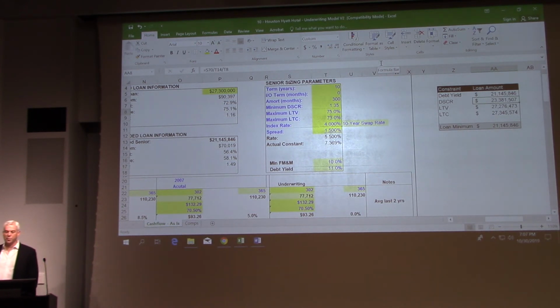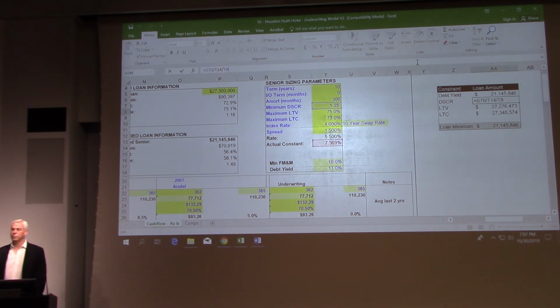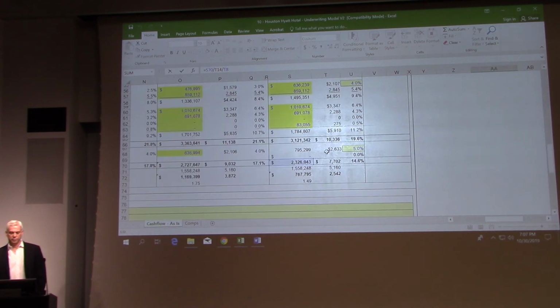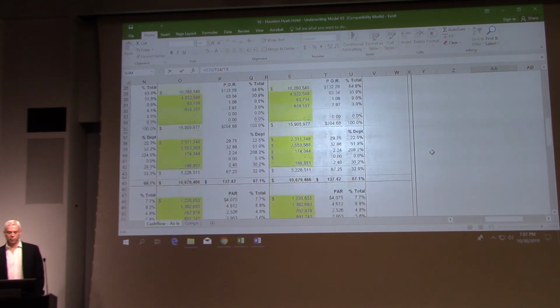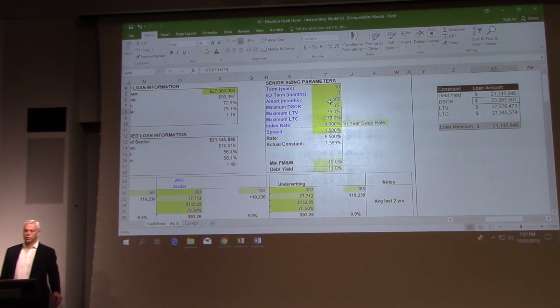Our minimum for full service hotels, which you're going to plug into the model, is 1.35. The calculation takes that same cash flow, 2.326 million, divides it by the loan constant, and then divides it by the DSCR. And it comes up with 23.4 million.